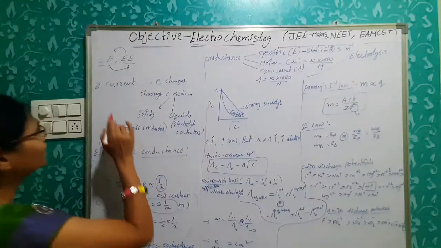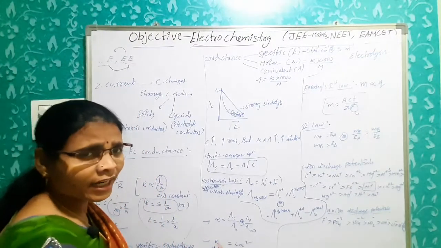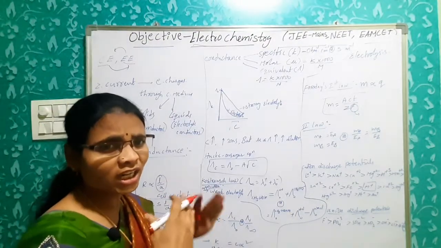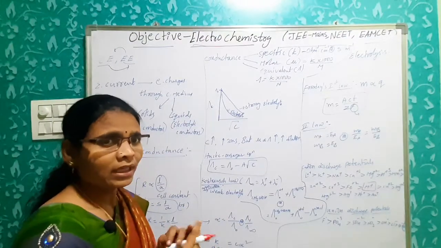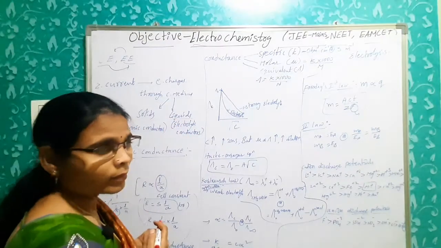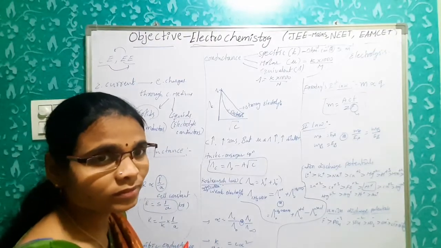Next, first of all, what is electric current? Electric current means flow or passage of electric charges through a conducting medium. The conducting mediums may be solids or liquids. If the conducting mediums are solids, they are called electronic conductors.